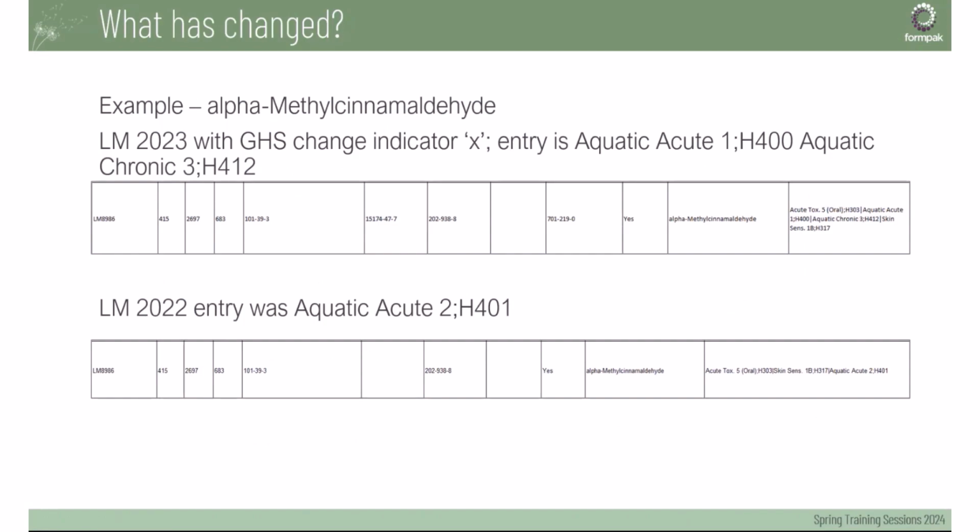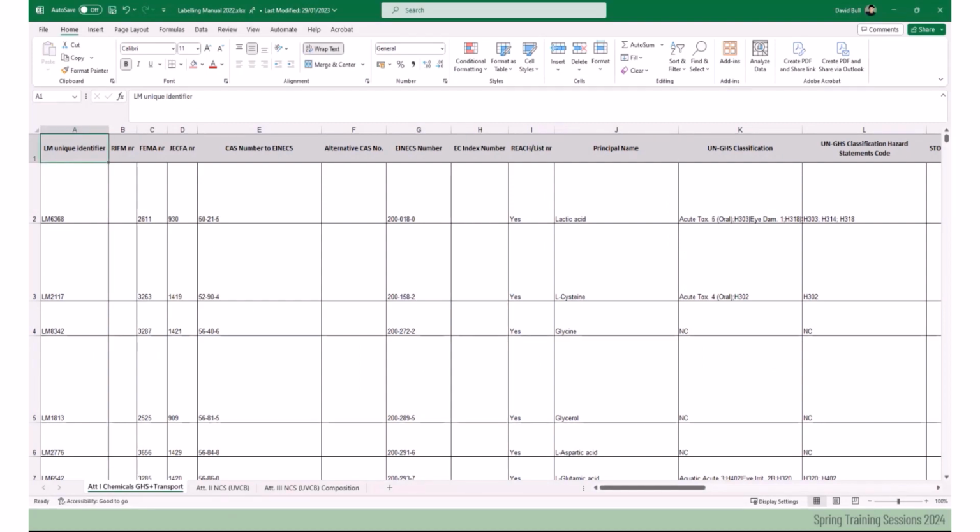So we'll have a look at an example of a change. So we see that alpha methyl cinnamaldehyde in sheet 1 has got an X indicator in it, and we see that the entry is aquatic acute 1 H400 and aquatic chronic 3 H412. So if we look at last year's labelling manual, so this is the labelling manual from 2022.